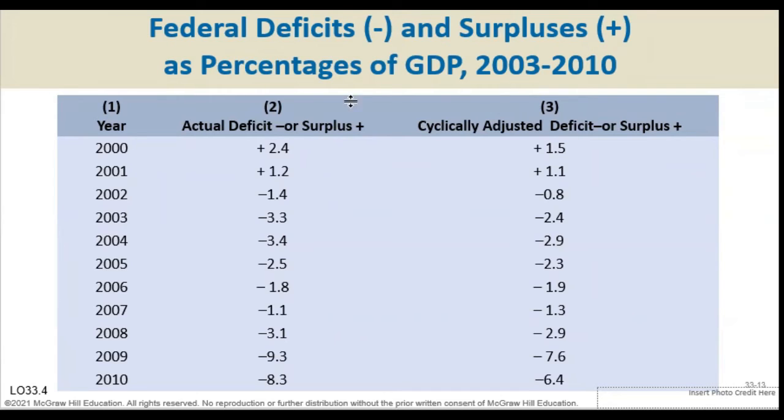So it shows you the actual deficit and the cyclically adjusted deficit. Here you will realize that the actual deficit is greater than the cyclically adjusted deficit or surplus. Why? Because the actual deficit or surplus already includes the cyclically adjusted deficit or surplus.